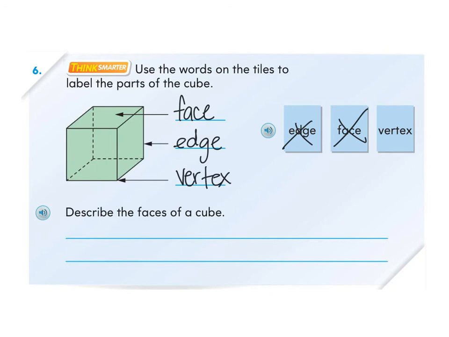Now we need to describe the faces of a cube. So if I look at just one face of the cube, I'm just going to look at this front face of the cube. How could I describe it? The face of a cube is a square.